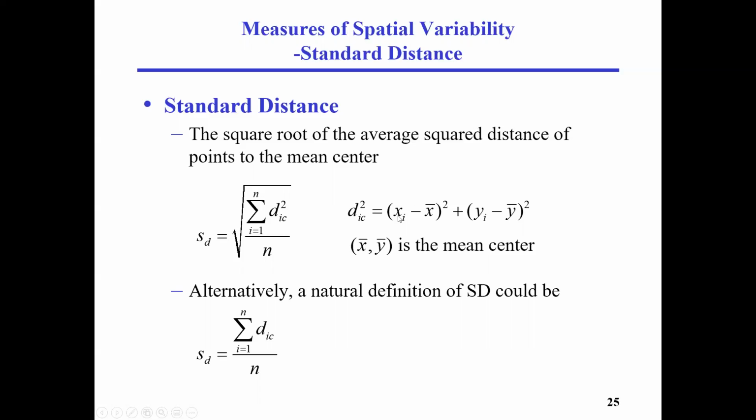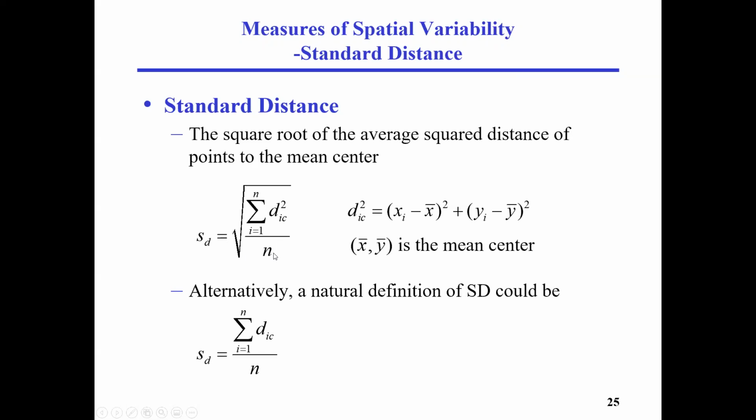On the right side, we do not have the square root anymore, but here you can say the distance between xi and x bar square plus distance between yi and y bar square. This is actually trying to calculate the Euclidean distance between xi, yi, and x bar, y bar, and x bar, y bar is the mean center, right? So yeah, very simple. Standard distance. You say, why is it called standard distance?